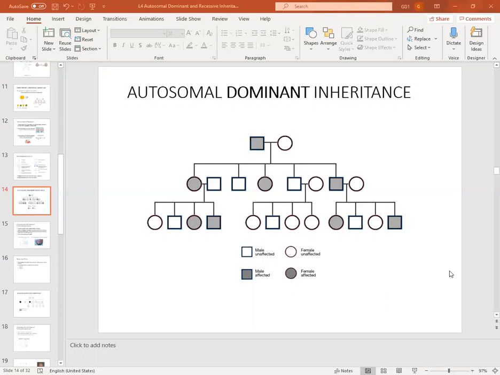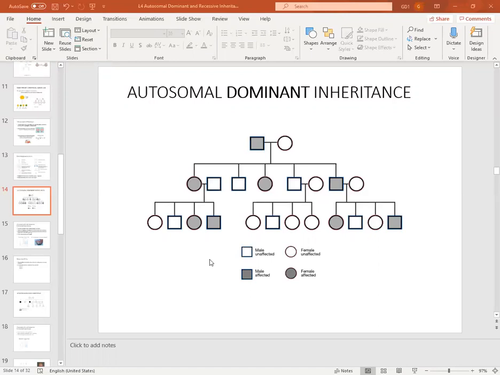But in here, men and women both express the disease. If all the men in the family express the disease, that also means it may be related to the X chromosome, right? Because a woman has XX, and the other X will cover the mutation of the gene in the remaining X chromosome.